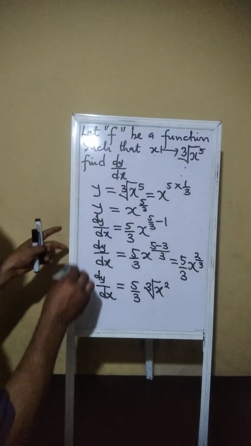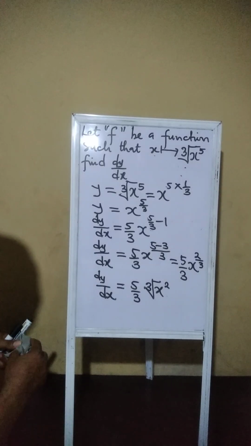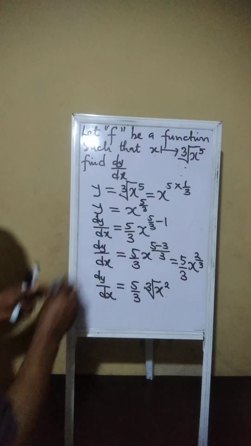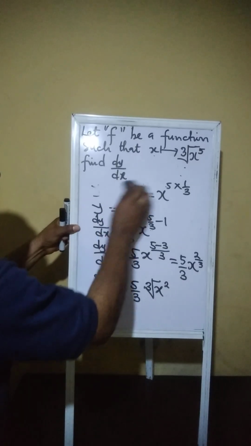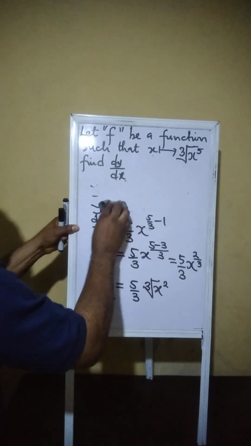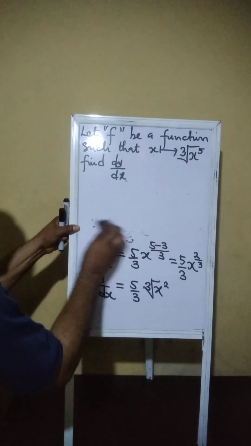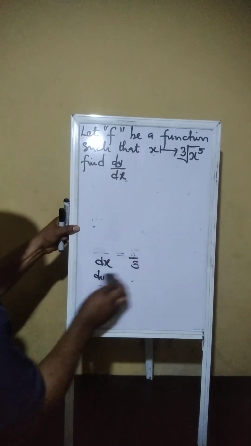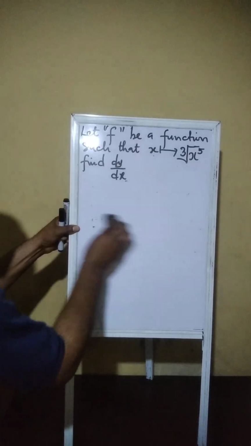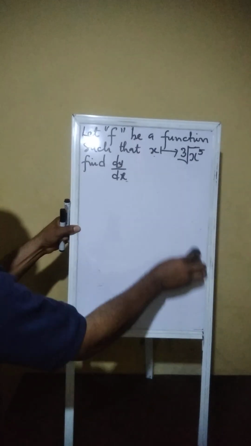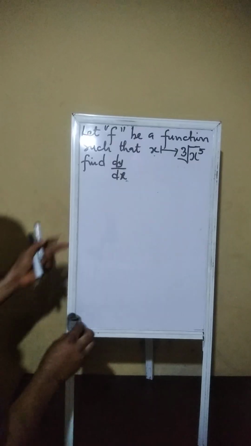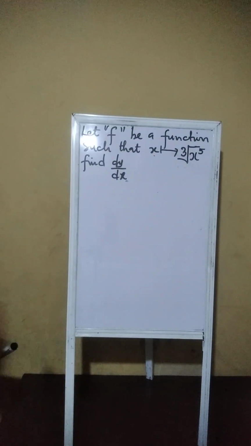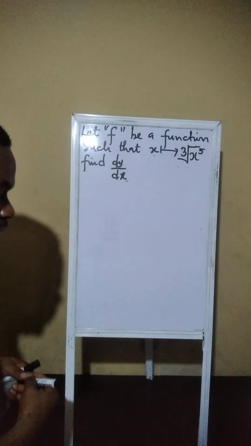Now, let's quickly introduce the shortcut and know whether we can get the same thing that we got here. Watch. This particular question is for those that are writing a CBT exam or professional exam that has to do with objective.